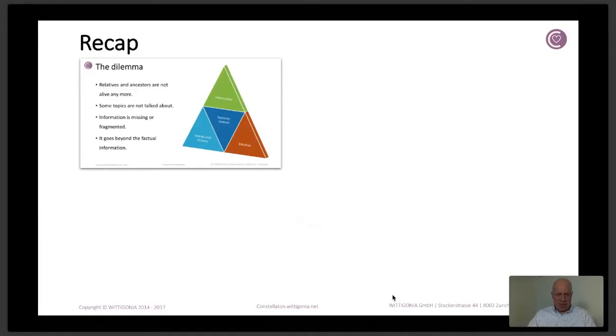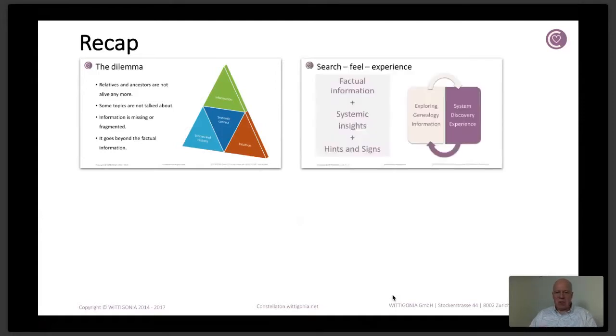And it's important to recognize that it's not only about the factual information, but also about our intuition. Intuition and information go together. And it's important to also understand the systemic context of the family and the family situation.